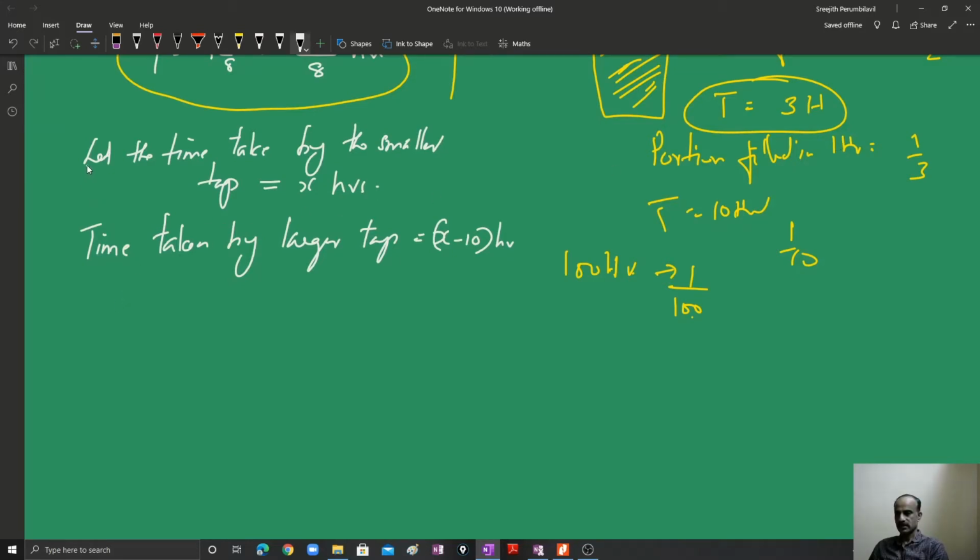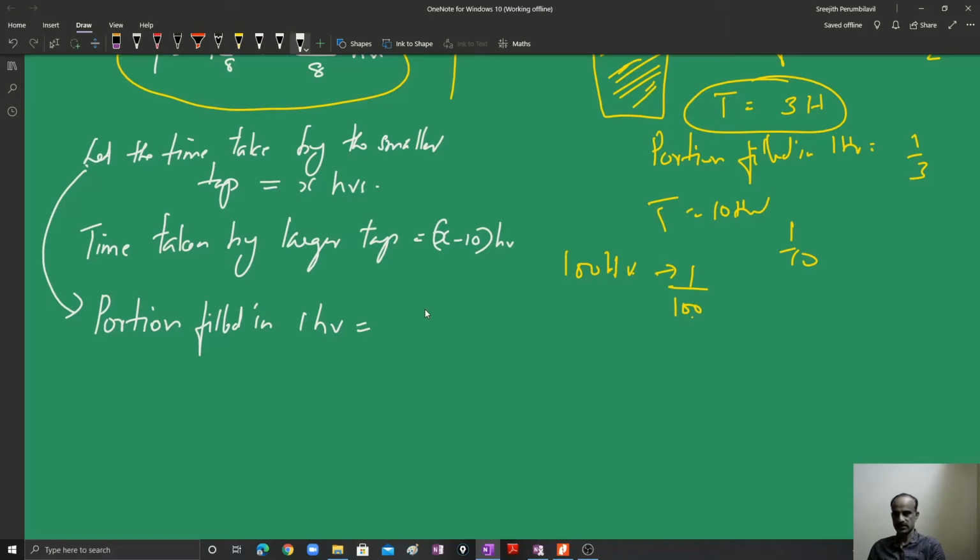Time taken by the smaller tap to fill is x hours. So portion filled, see, these are not required for writing, only this much is required for writing in a board exam. The remaining are all explanation part. Portion filled in 1 hour: if it takes 3 hours, portion filled is 1 by 3.